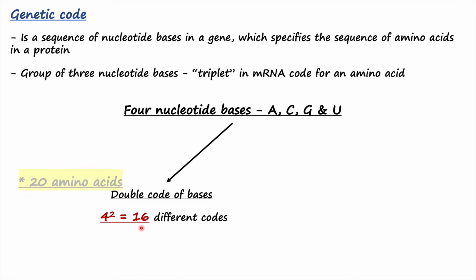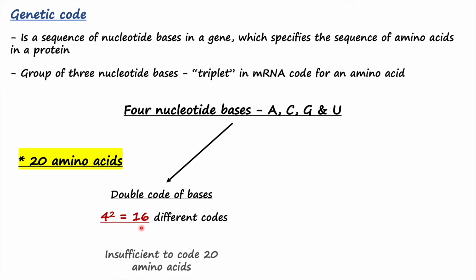However, the only problem is there are 20 amino acids, so the 16 different codes would be insufficient to code for all these 20 amino acids. Therefore, the double code bases are not possible or are insufficient to code 20 amino acids.